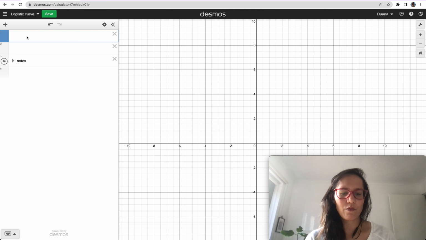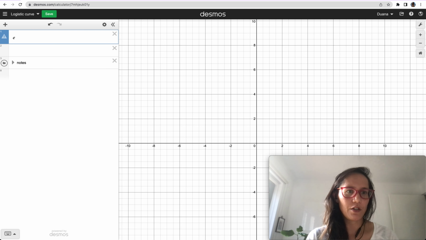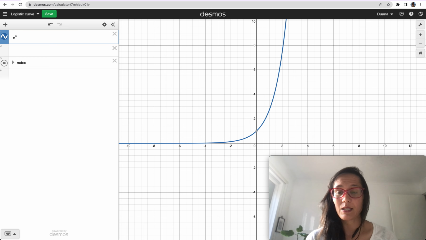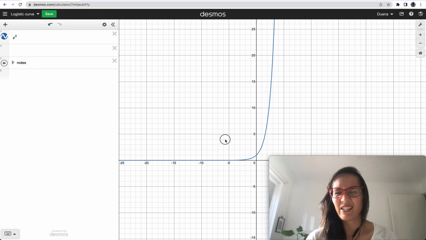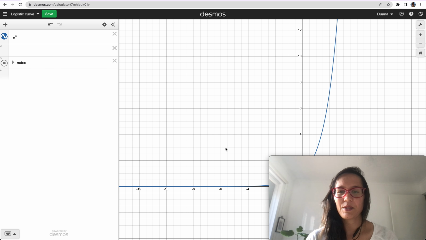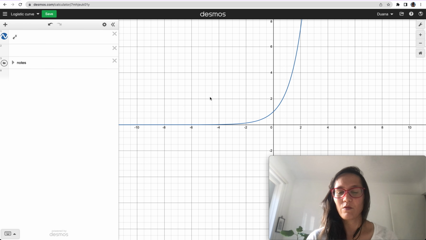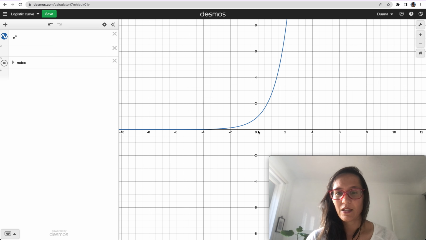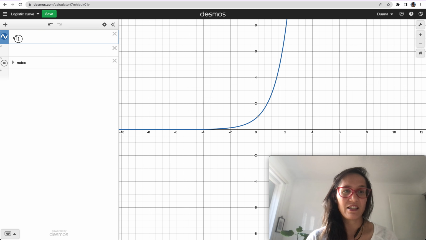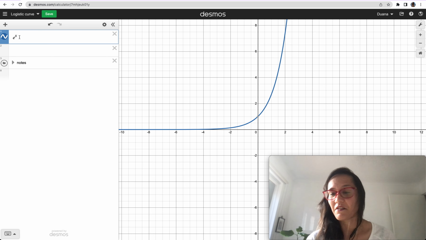So I'm going to start off with a curve that I hope you know, e to the x, the exponential curve. It grows really rapidly, really steep curve. And just to remind ourselves, when x is 0, this expression e to the 0, anything to the 0th power is 1.